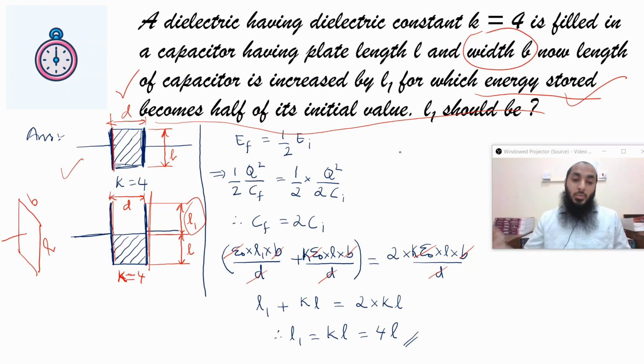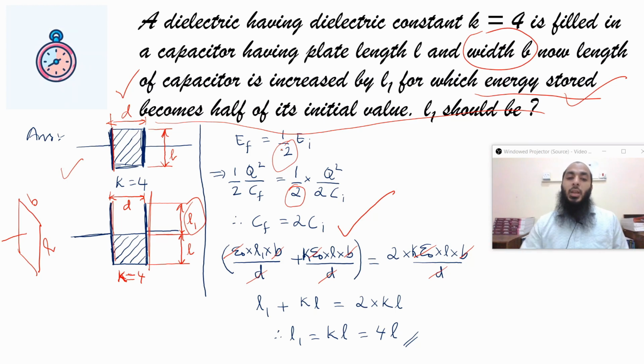Yes, here we are using half Q square by C because Q is constant. So Q is going to get cancelled on both sides, and you get final capacitance equal to 2 times initial capacitance. It's all because we got final energy equal to half initial energy. So this is an important relation that we want here.